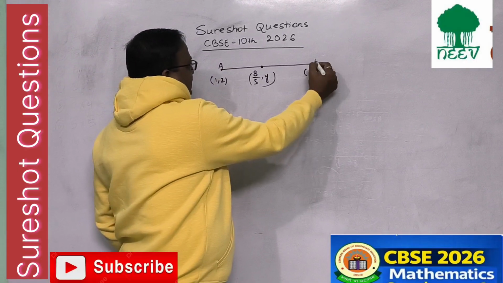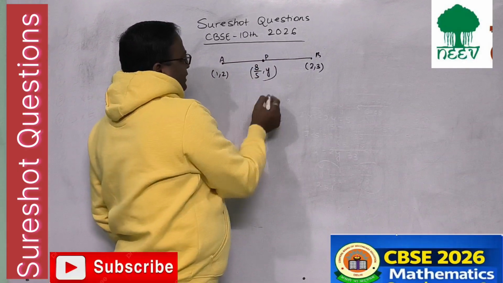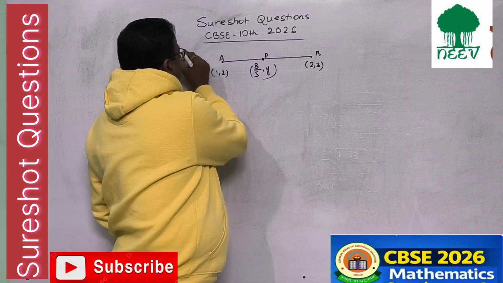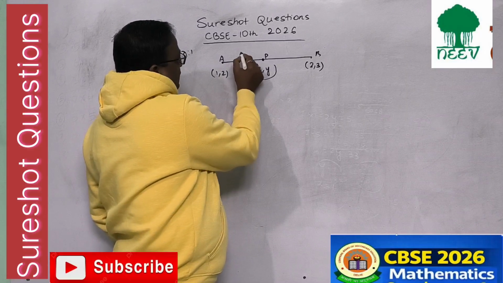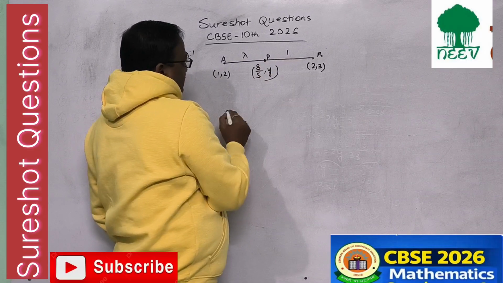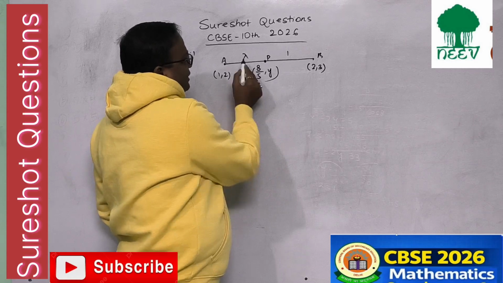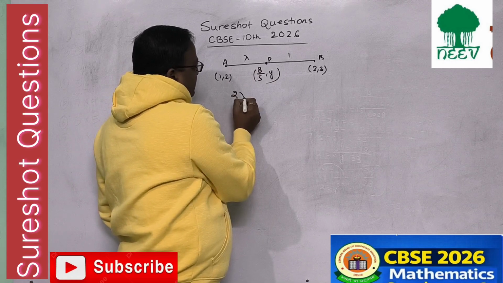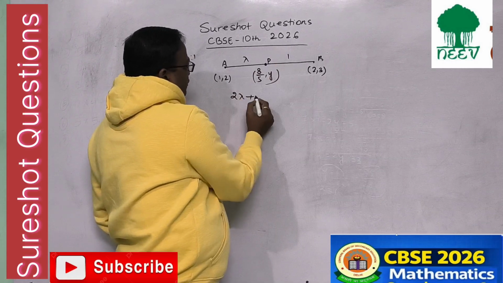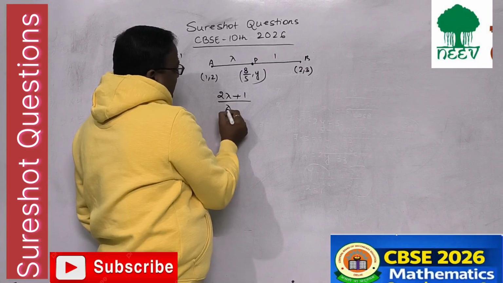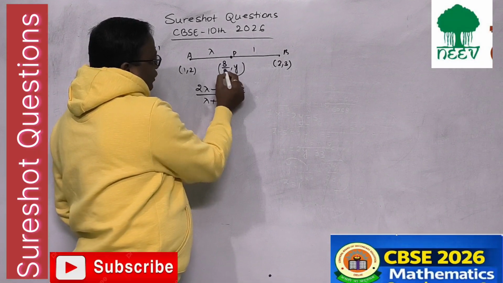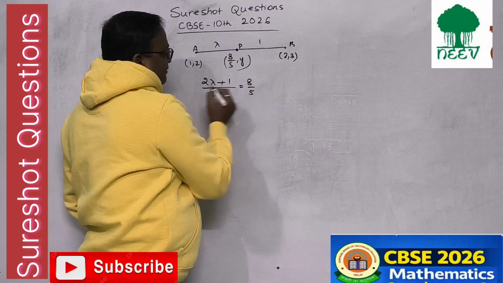Let the points be A, B and P, and let the ratio be lambda is to 1. So using the section formula, (2 into lambda plus 1 into 1) by (lambda plus 1) is equal to the x coordinate, 8 by 5.